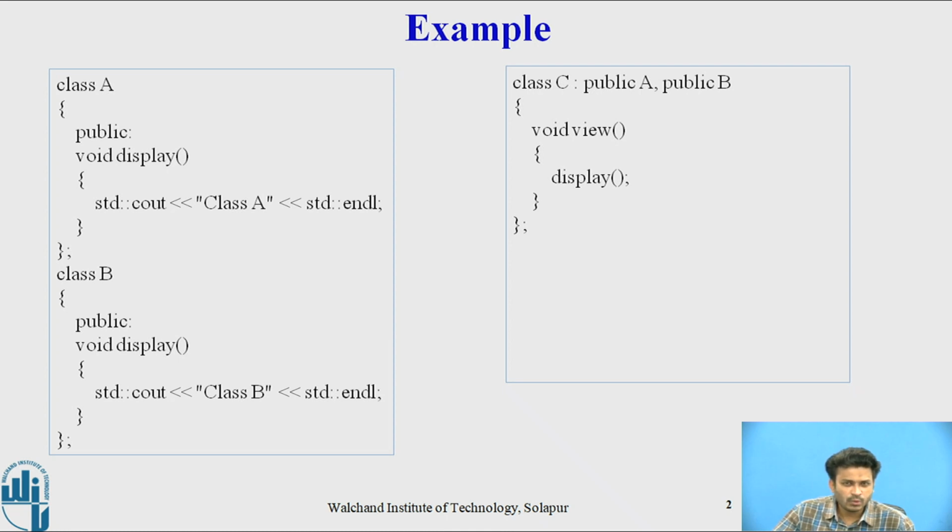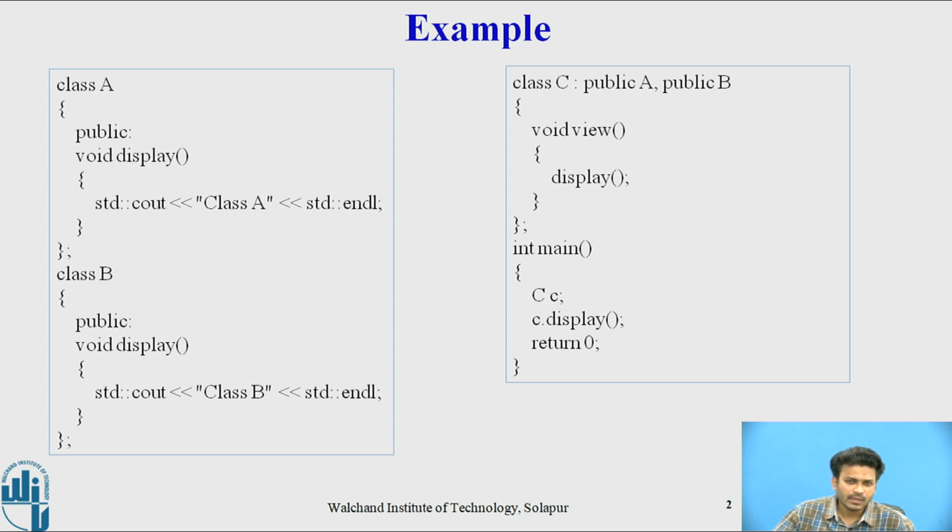Then see in the main function what we have done. Simply here we have created the object of class C, right? And here I am going to call C dot display.